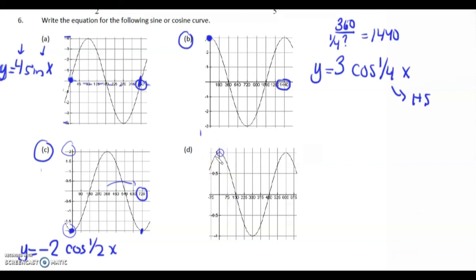Okay, last one. We started at a maximum, so I'm going to call this the cos function. Amplitude goes up 1, down to negative 1, so that would just be 1, but you don't really have to write that in. Up to you. Now, a little bit awkward: one full rotation takes 600 degrees. So I would do 360 divided by 600, and I get 0.6.